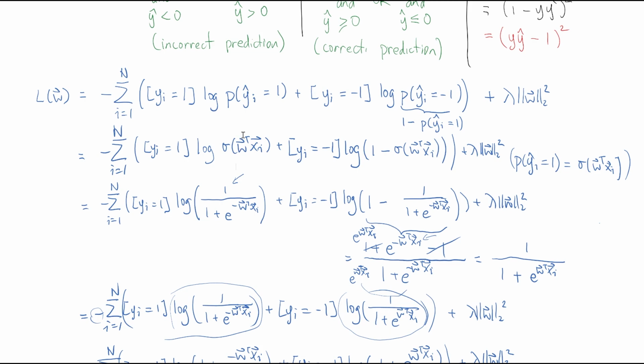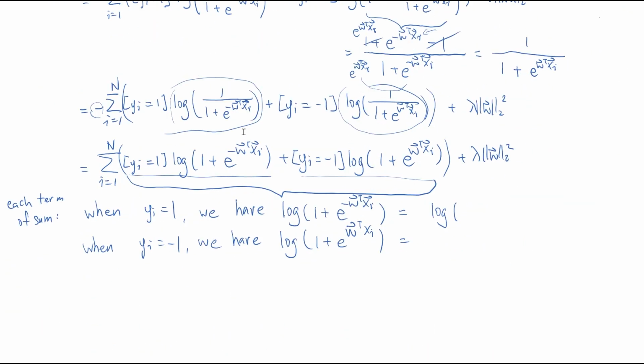So you can think of W transpose Xi as equal to y hat, right? Then this is actually 1 plus e to the power of minus y hat i. And then the second case is just going to be 1 plus e to the power of y hat i, right?